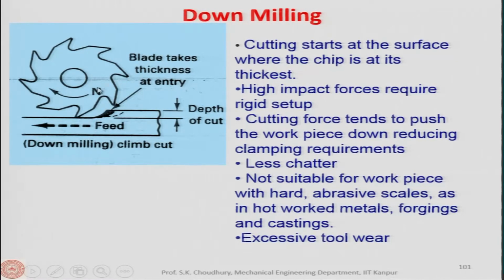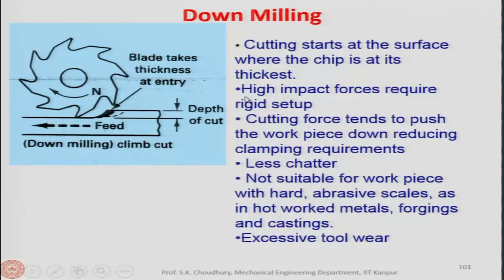All right. Now, here what happens is that since it grabs at once, the impact loading is very high. If you remember, we talked about this in the case of orthogonal cutting and oblique cutting, and I told you that in orthogonal cutting, the tool grabs the material in one go. But in oblique cutting, it grabs the material gradually.